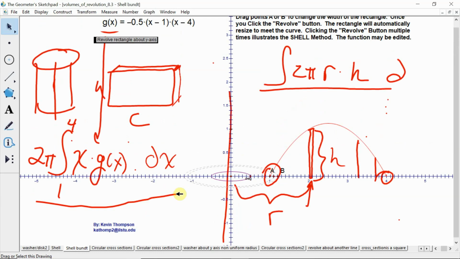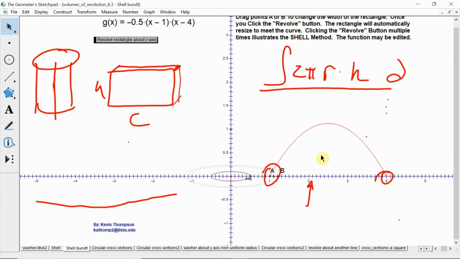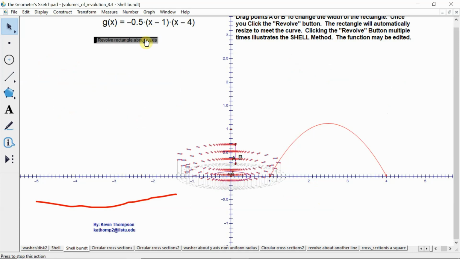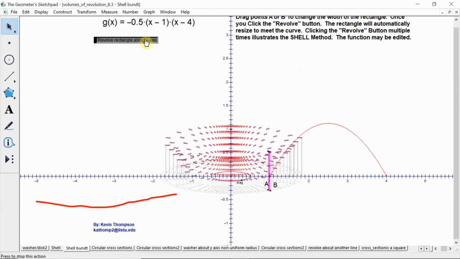3-dimensionally, what does this look like? The 3-dimensional shape. No idea what that means. Okay, do better. You figured it out yet?